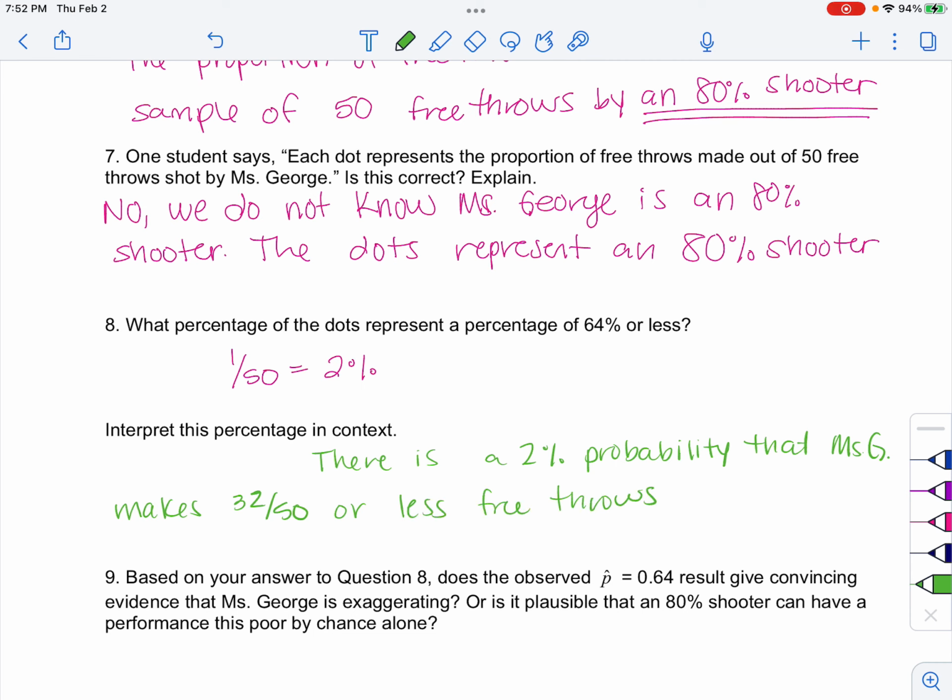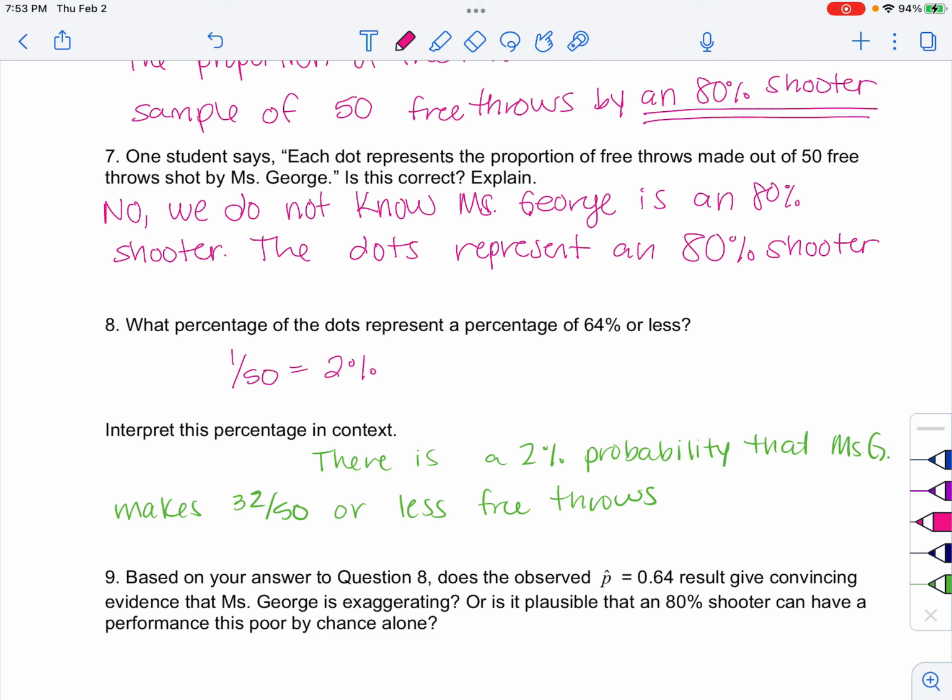So hopefully you were able to at least get this much, or something like this, right? At this point in our class, you should be able to see that percentage and interpret it, at least to say that that's the probability of making this or less.